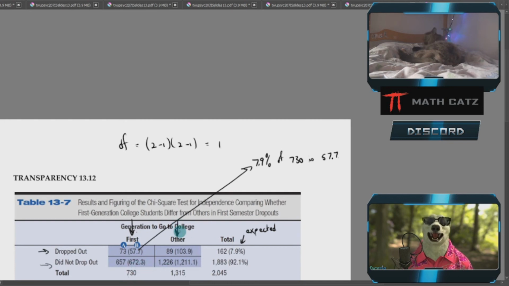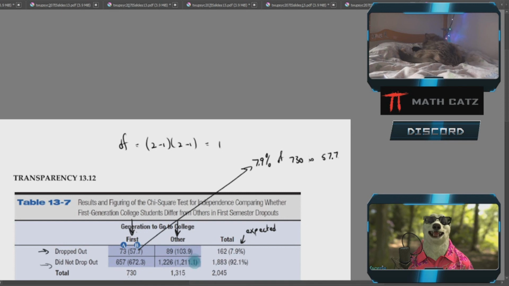Then I go to the other column, and I do the same thing. Under the null hypothesis, the column doesn't matter, so I expect 7.9% and 92.1% in every column.